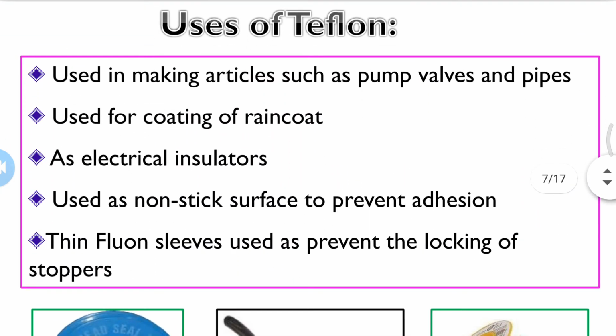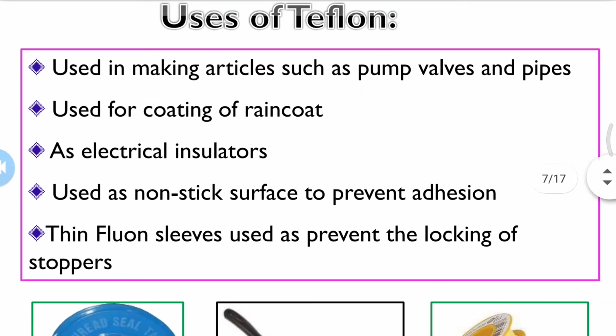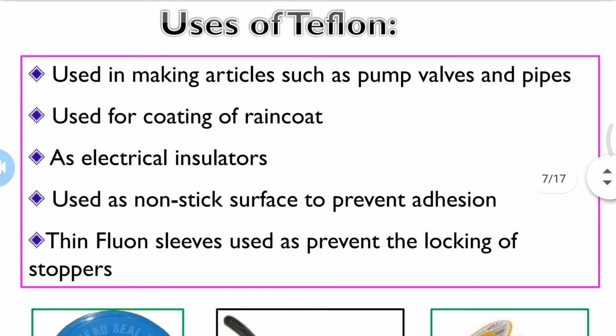So here, the uses of Teflon. There are many uses and applications of Teflon, such as making articles like pumps, valves and pipes. It is also used for coating of raincoats, and as an electrical insulator because of its high melting point, up to 300 degrees centigrade.